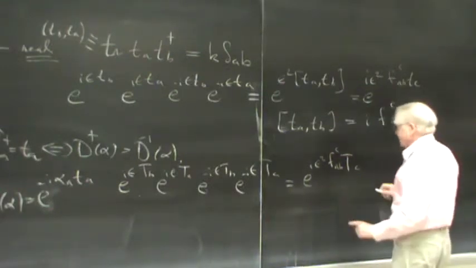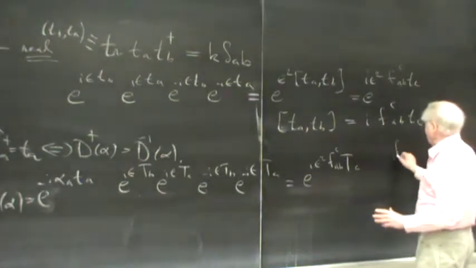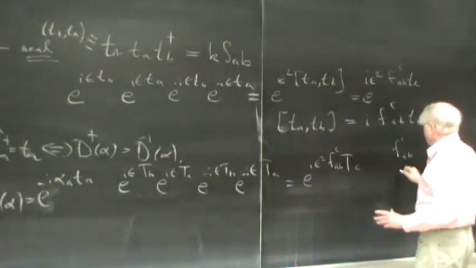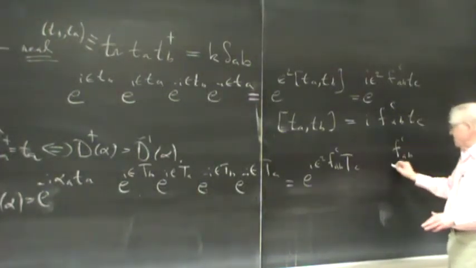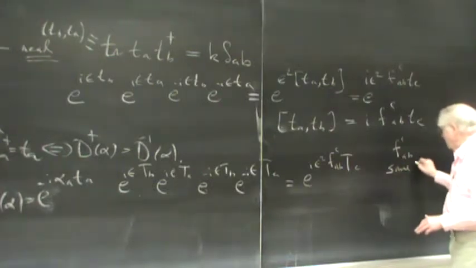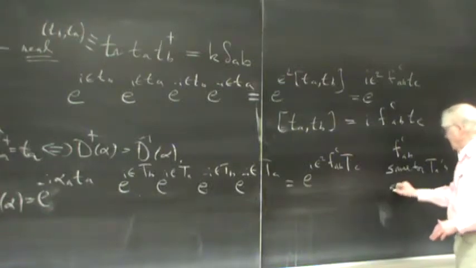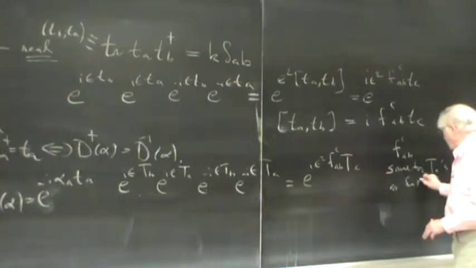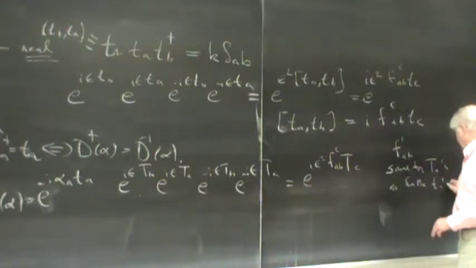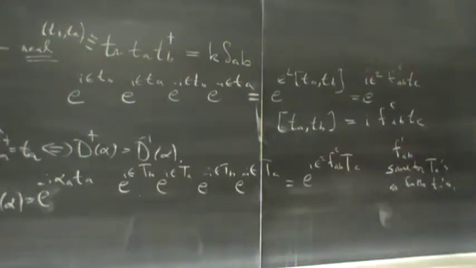So in other words, the f^c_ab, which are the structure constants, have to be the same for the big TAs as for the little tAs. Okay, that's basically the idea.